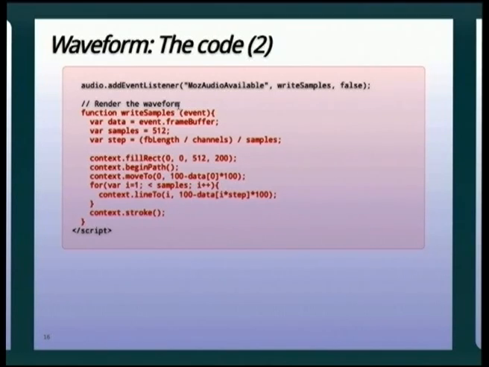So here, I'm rendering the waveform, I'm getting the frame buffer, I've got 512 samples that I can display on my screen. The picture that I have is 512 pixels wide, so I only want to get 512 pixels, and so I can calculate the step between the pixels, and I can start painting the waveform.